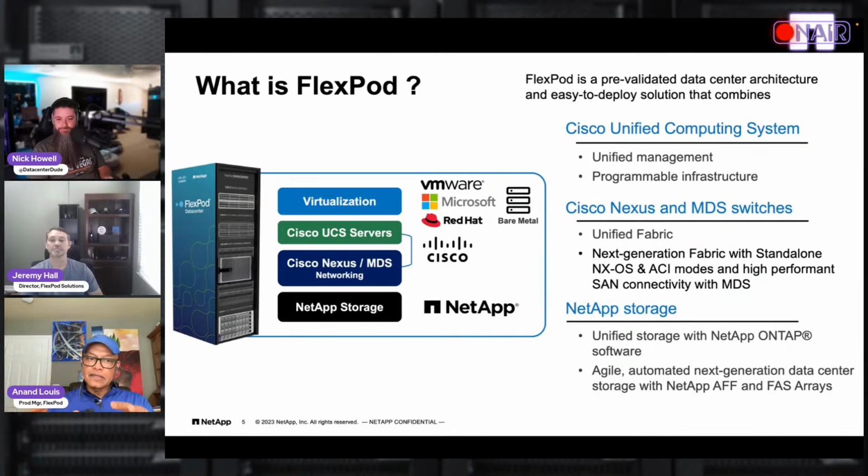As you know, it's a fully programmable infrastructure, led by UCS Manager, the management tool, or Intersight for the new X series, which is Intersight managed. Then on the networking side, to connect all the components, for IP we use the Nexus switches, and for Fibre Channel, we use MDS.